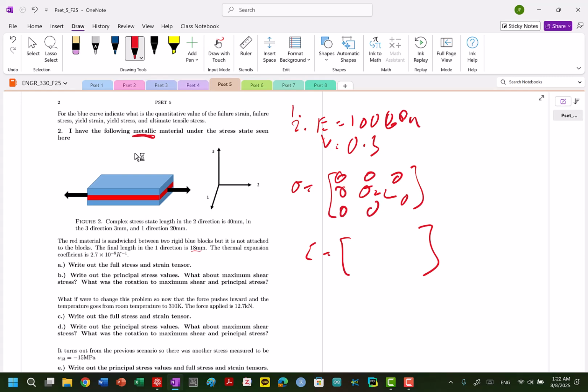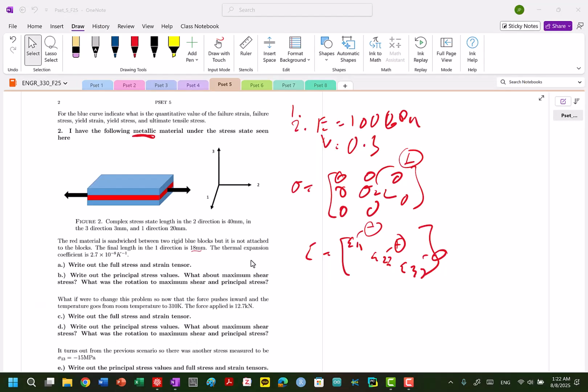There's not going to be stress in the 1-1 or the 3-3 because the material is getting thinner. So we're going to expect an epsilon 1-1, an epsilon 2-2, and an epsilon 3-3. We should expect the 1-1 to be negative, the 3-3 to be negative, decreasing, and the 2-2 to be positive. We also know the strain in the 1-1 because we're given that final dimension, so we can go ahead and start to solve this problem.